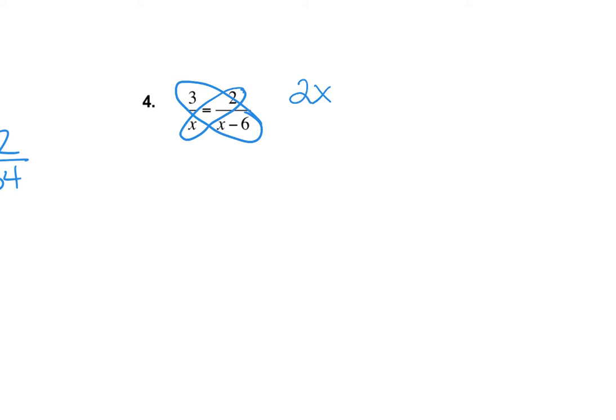Now, when it's on the bottom like that as a fraction, it's almost like you've got parentheses right around this x minus 6. So when we write that over here on the other side of the equal sign, I need to have parentheses around that x minus 6, because it's not just 3 times the x. It's 3 times x minus 6.